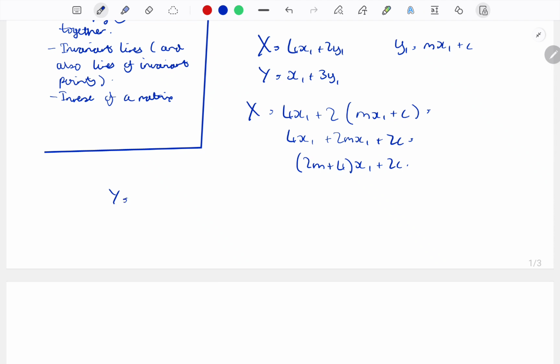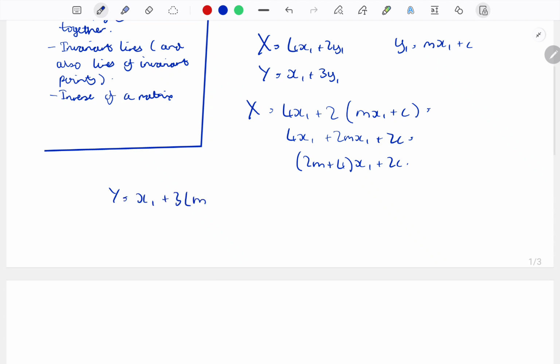Also, we can say that big Y is equal to x1 add 3 times (m x1 add c), which is equal to x1 add 3m x1 add 3c, which is (3m plus 1) x1 plus 3c.